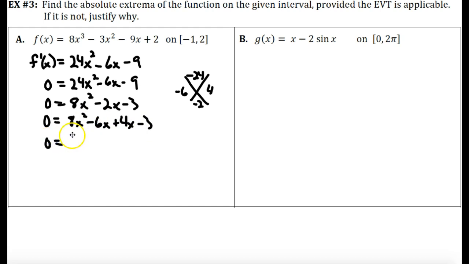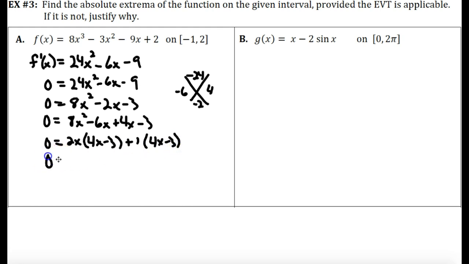If I group these first two, I can take out a 2x, and I would be left with 4x minus 3. That's exactly what I'm left with here, so I'll write that as 1 times 4x minus 3.